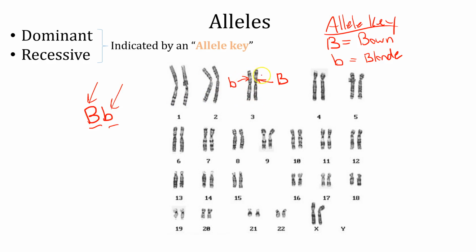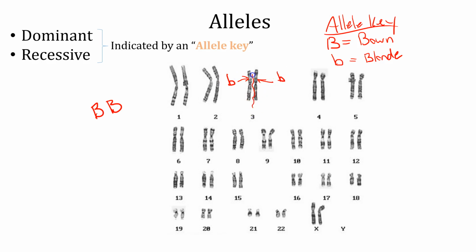It could be the case, though, that both of your parents donated a brown-haired gene, a brown-haired trait, and then we would say that this individual was big B, big B. Or on the very last option here, it could be that both mama and dad produced a little b and a little b.